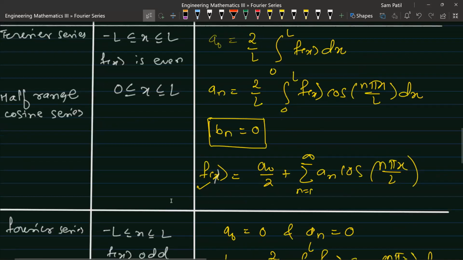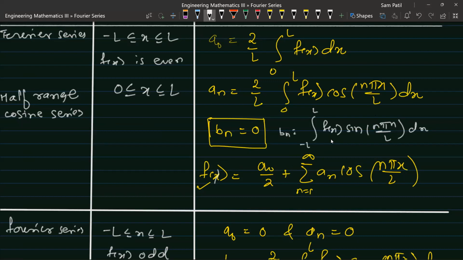Let me explain it shortly. Why is Bn 0 here? Suppose I write the formula for Bn: f of x into sine of n pi x upon L dx, from minus L to L. See, f of x is even and sine is odd.